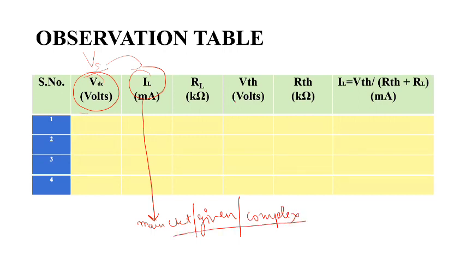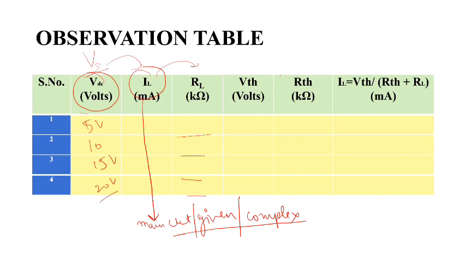All right, then let us come to RL. RL is the fourth resistance which you are connecting at the end. No matter what reading we are taking, your RL would remain the same. Only thing which will change in the subsequent readings is your supply voltage. Sometimes it can be 5 volts, 10 volts, 15 volts, 20 volts.